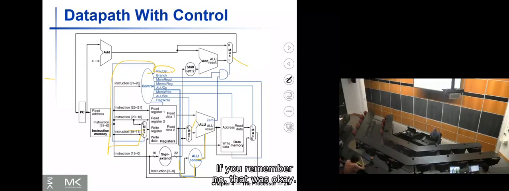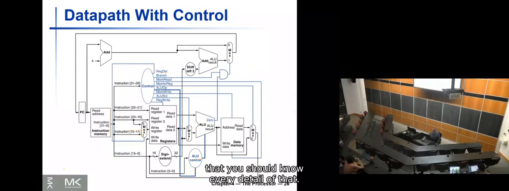Let me look here. This is what I am saying, that you should know every detail of that. This multiplexer selects between RT as one part and RD as the other part.